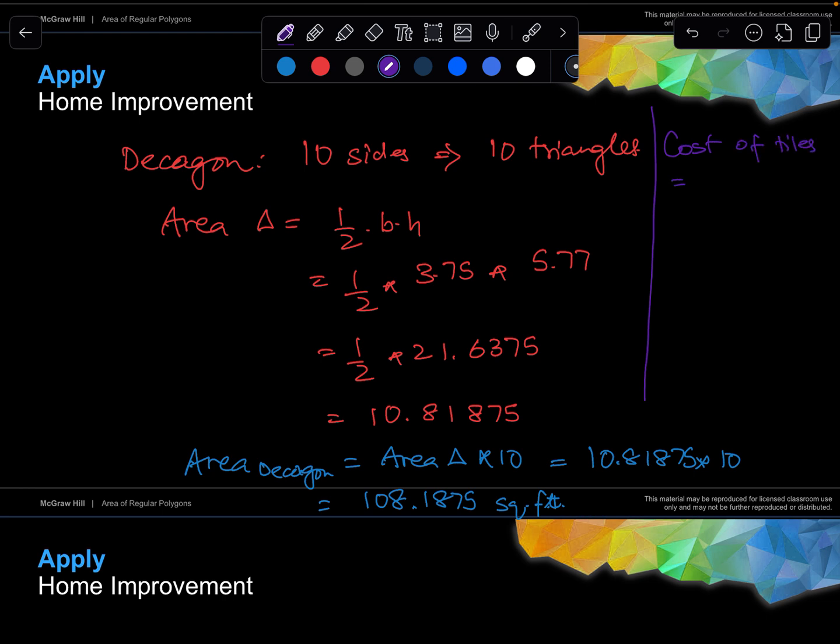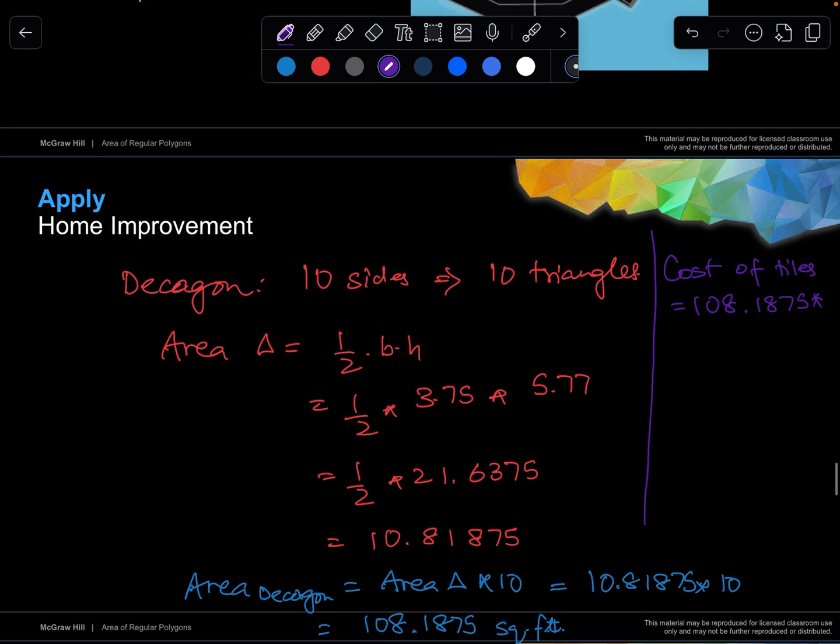Cost of tiles is going to be 108.1875 times 2.89.